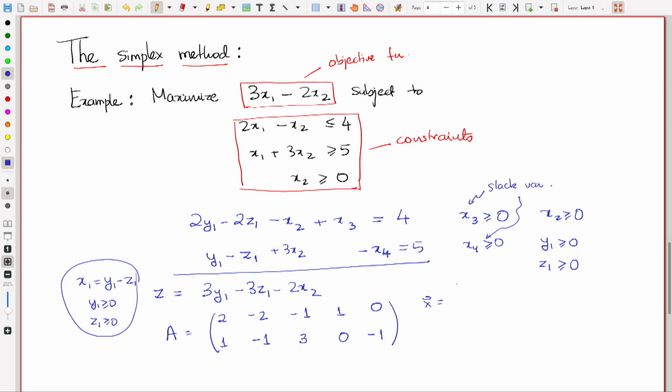X is the column vector y 1, z 1, x 2, x 3, x 4. B is just 4, 5, and c transpose is the objective function, so it is 3, minus 3, minus 2, 0, 0.